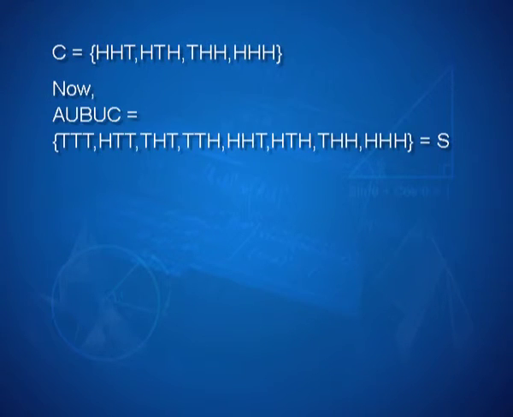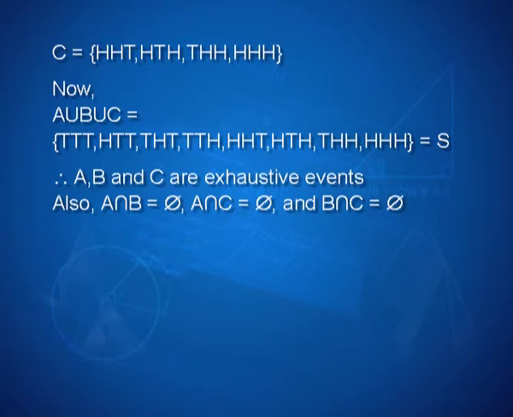Now, A union B union C is equal to {TTT, HTT, THT, TTH, HHT, HTH, THH, HHH}, that is equal to S. Therefore, A, B and C are exhaustive events.